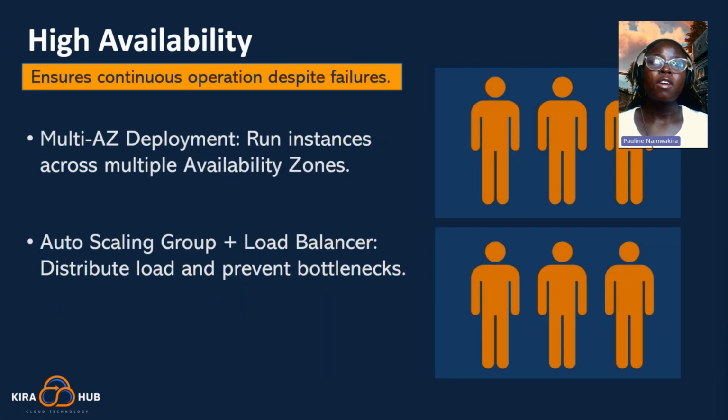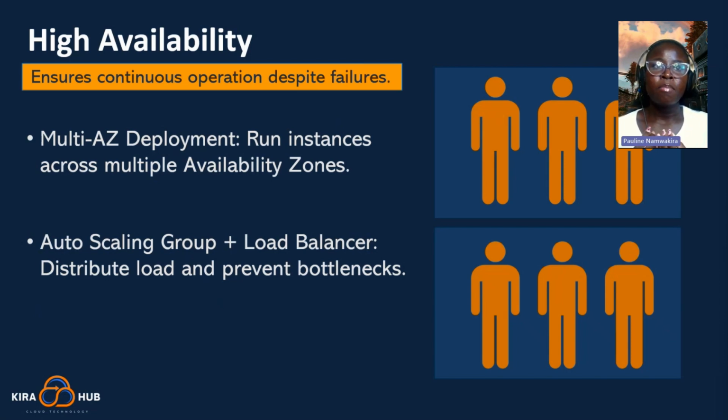We also have a concept of high availability. What is high availability? High availability focuses more on keeping systems operational even if part of the infrastructure fails. This is achieved by deploying our application in multiple availability zones. Think of it as having a backup office somewhere. If it's our call center, we have a backup office in another city. That means that if one office becomes unavailable, the other office will continue operations, ensuring there are minimal disruptions.